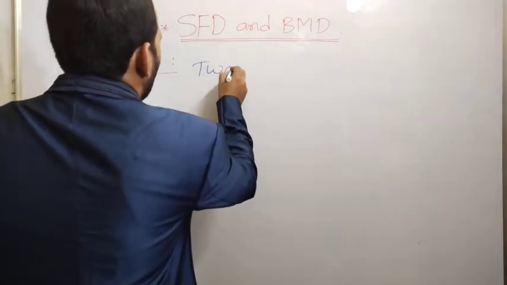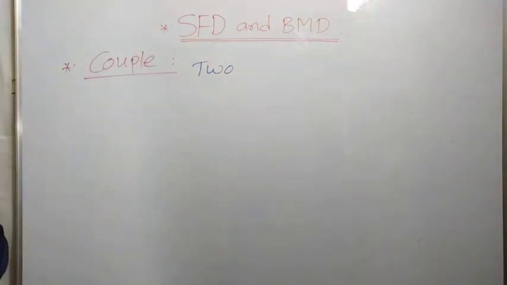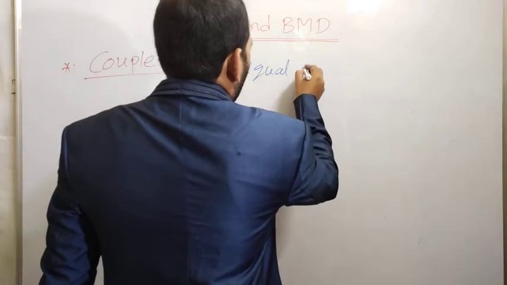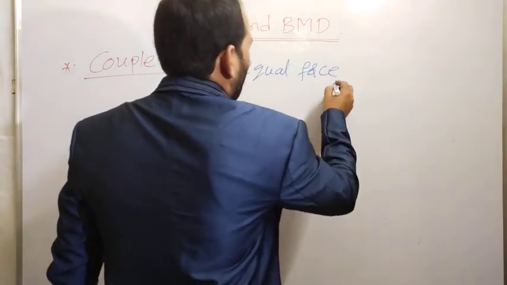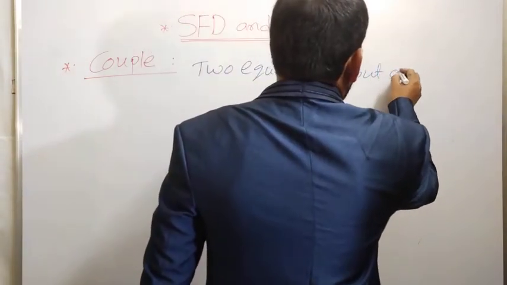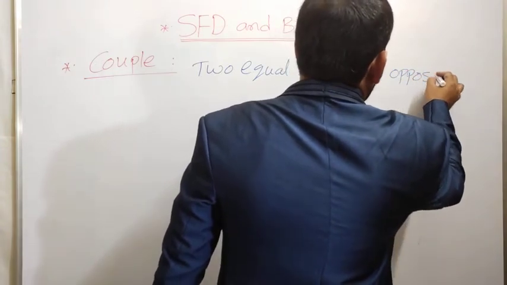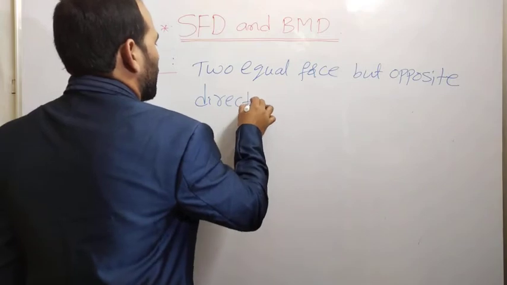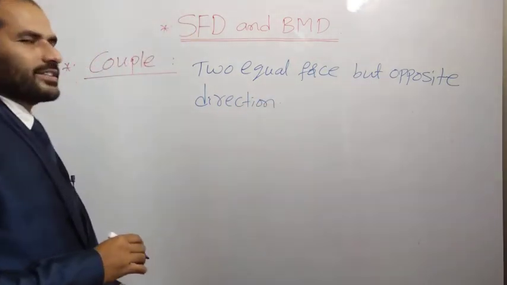Two equal forces, but in opposite direction, is called a couple.